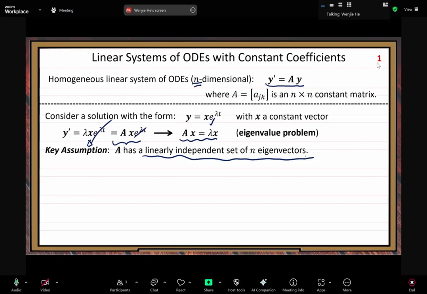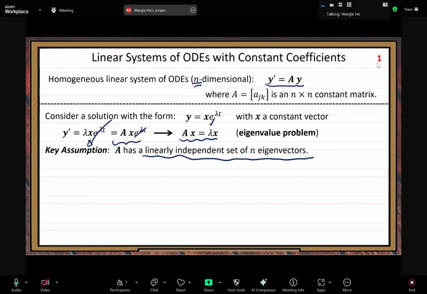But there are some special cases whose eigenvectors may not be linearly independent. That's the harder part of this theory.